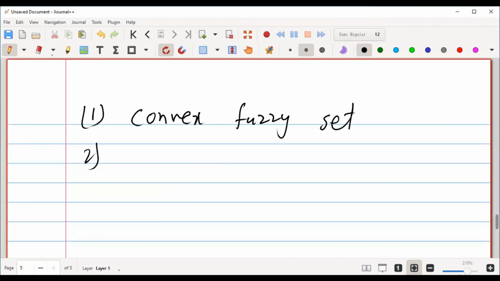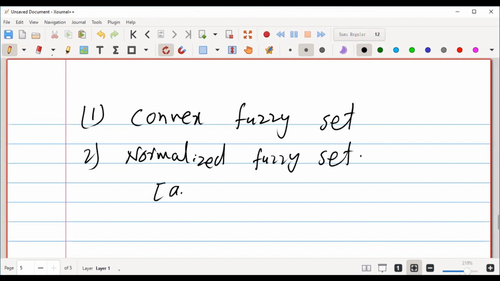The second condition is normalized fuzzy set. Normalized means that if I have a fuzzy number with A1 and A3, and there is a peak point between A1 and A3, called A2, then the membership function mu A of A2 must be 1.